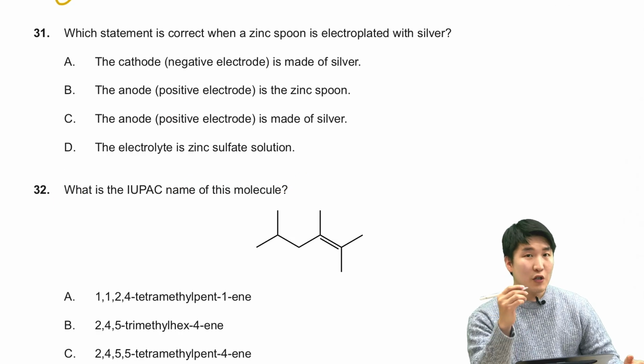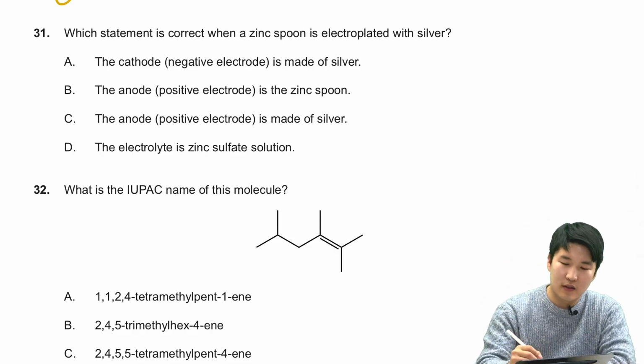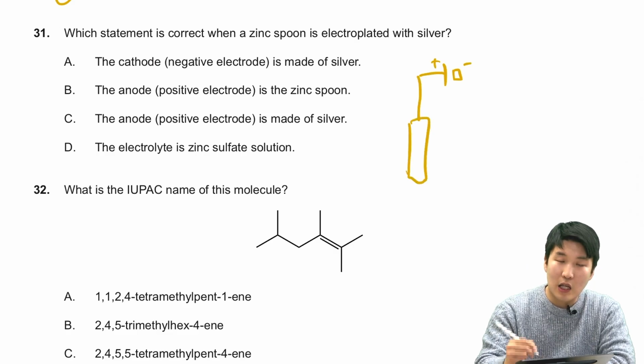When it comes to electroplating, all we need to remember is that in the anode that is positive, there will be oxidation of the metal electrode.